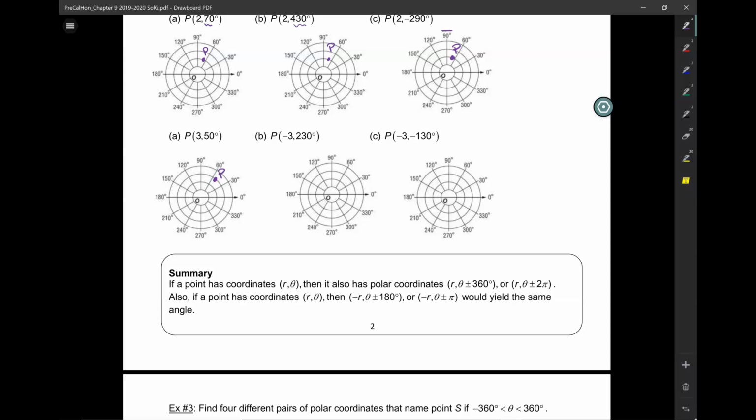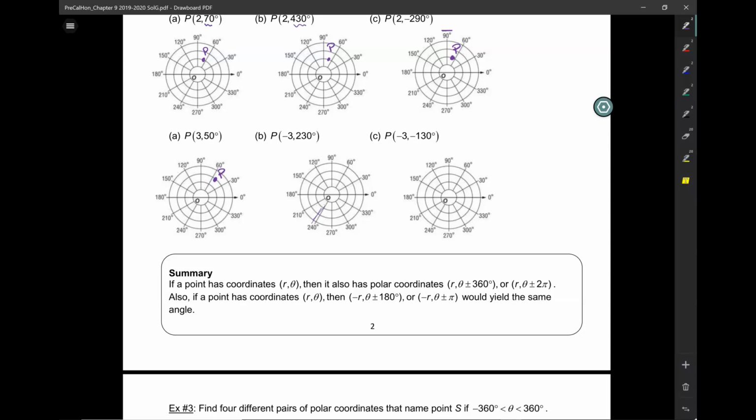Now, I'm going to go to negative 3, 230. 230, so this is 180, 210. 230 is right before the 240. Right? But it's negative 3, so I have to go in the opposite direction. So instead of me being here, I have to go in the opposite direction.